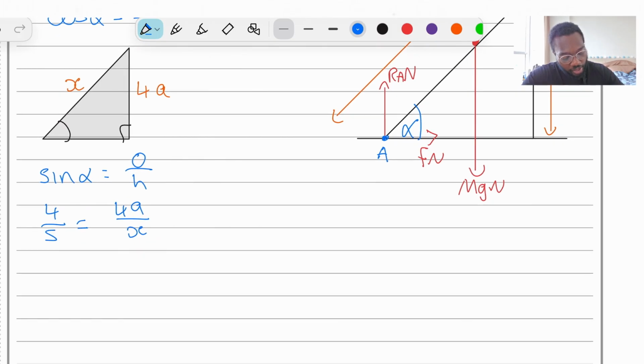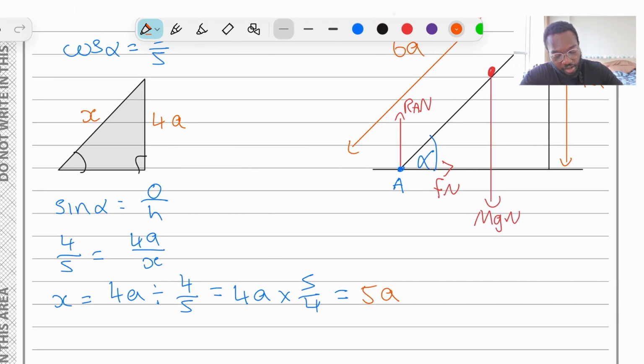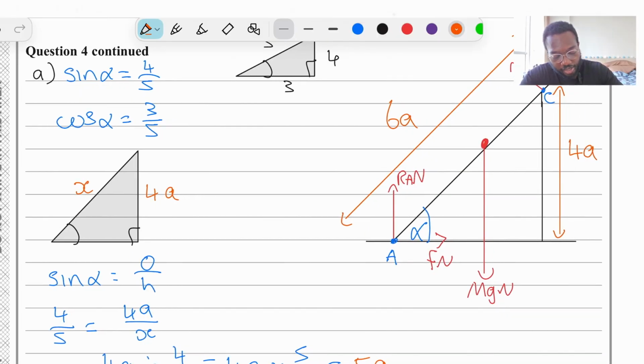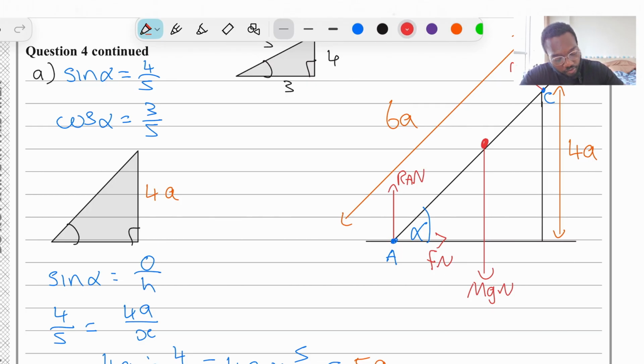X is equal to 4A divided by 4 over 5, which is the same as 4A times 5 over 4. Therefore, that value is simply 5A. So we've worked out that this is a distance of 5A, and now we know the line AC is just 5A.